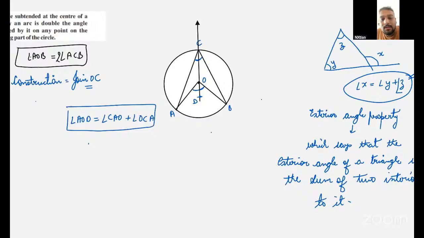Everyone got this? Yes or no? Are you getting this? Yes, sir. Angle AOD is equal to angle CAO plus OCA.